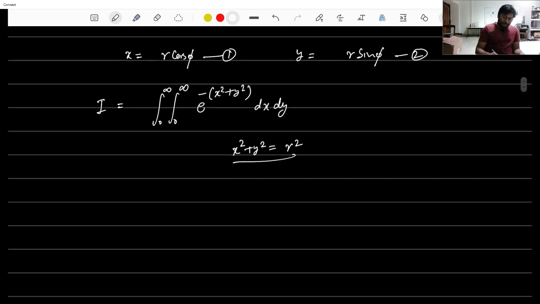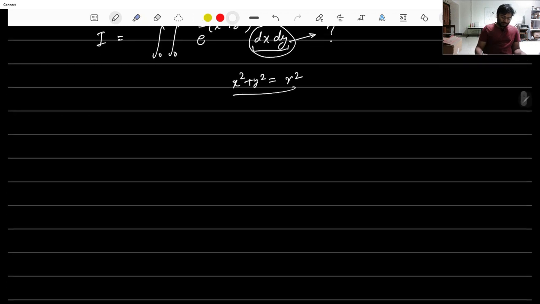Now we want to evaluate the elementary area. This dx dy is called the elementary area in Cartesian coordinates. How will you write this elementary area in plane polar coordinates?